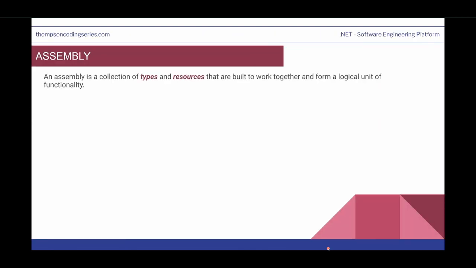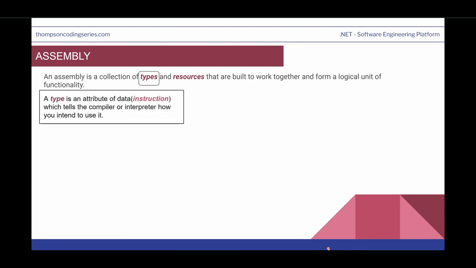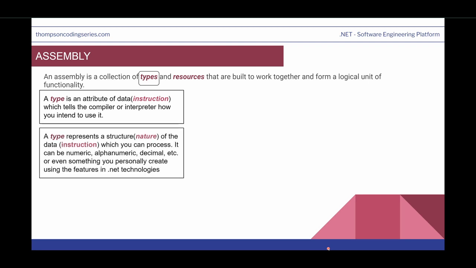So an assembly is a collection of types and resources. And what are types? Types are basically the type system in .NET, the types you create. A type is an attribute of data, an instruction which tells the compiler or interpreter how you intend to use it. A type represents the structural nature of the data which you can process.